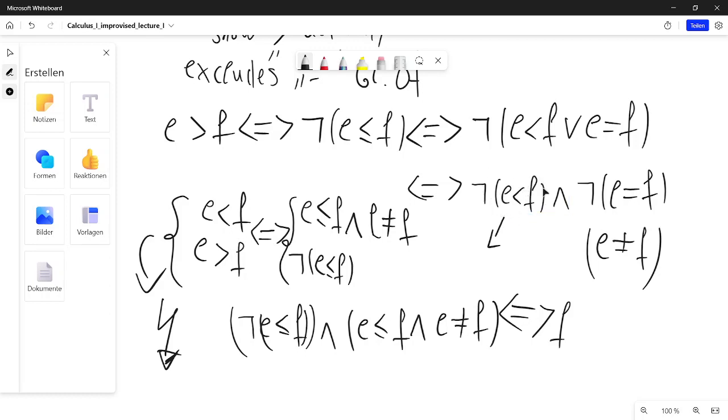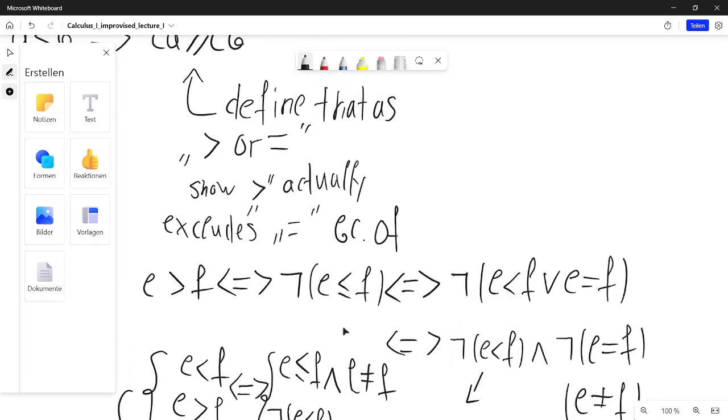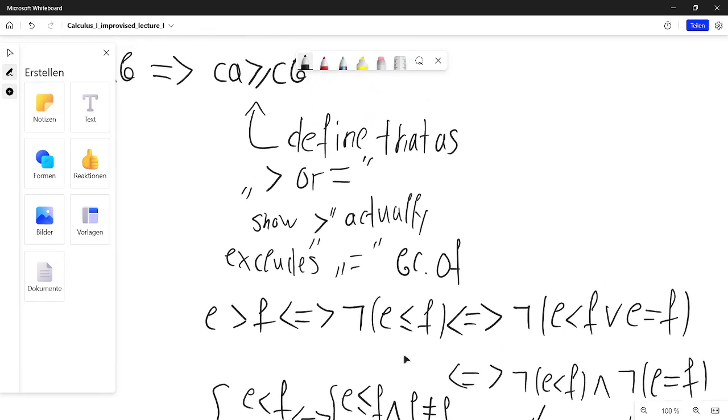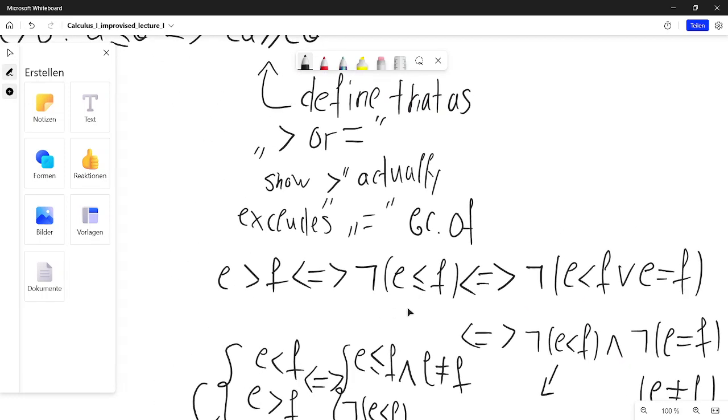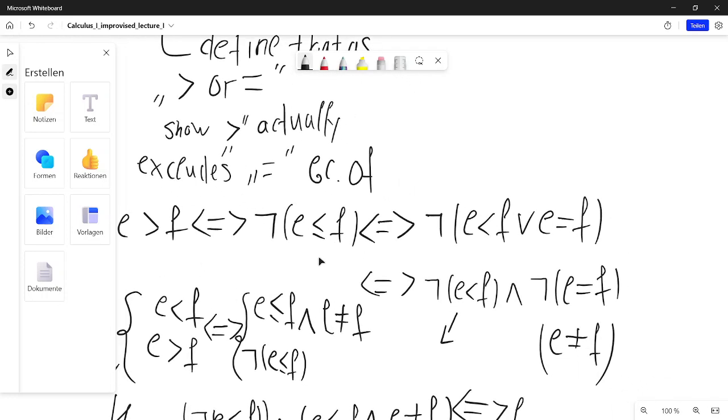I wanted this to be true. I wanted to show that that excludes.